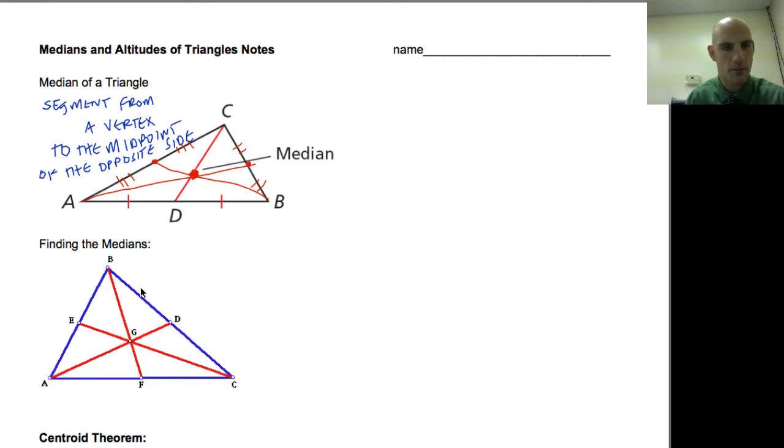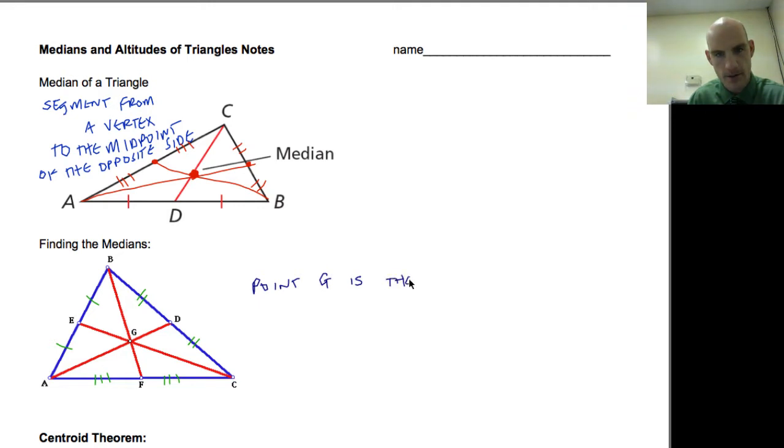And so what I'm going to do is mark these sides congruent here, because we know that each of these connects the midpoint. And they intersect at this point G. Let me capitalize it so there's no confusion.